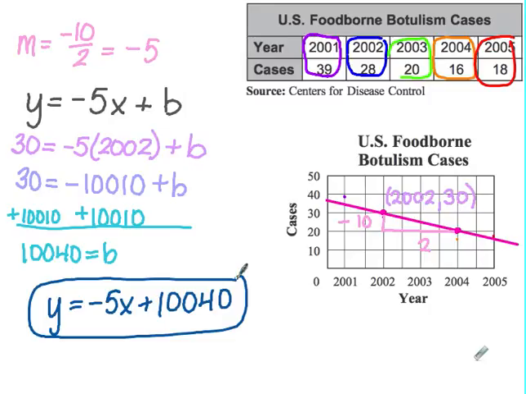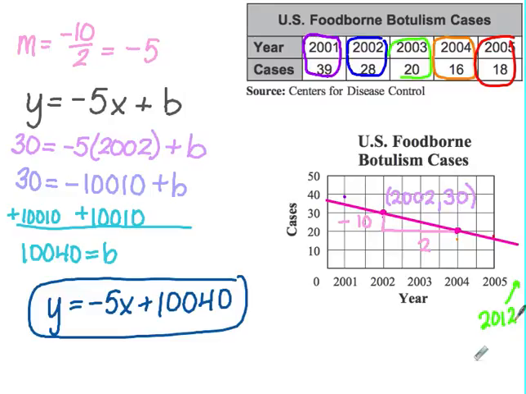So now what that means, if I were to ask you, in 2012, how many botulism cases would we have? Let's think about that. Would 2012 go on the y or the x? It'd go on the x, right? Because 2012 would be somewhere out here that you can't see in the video.